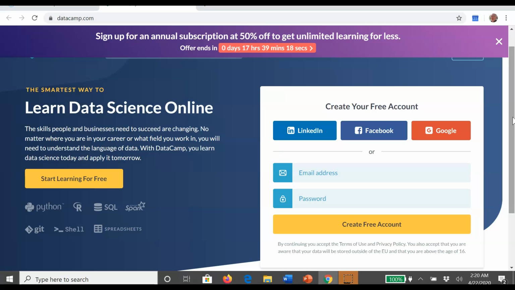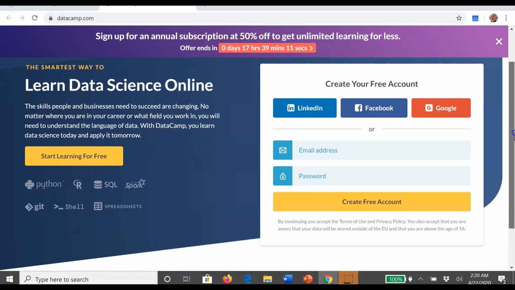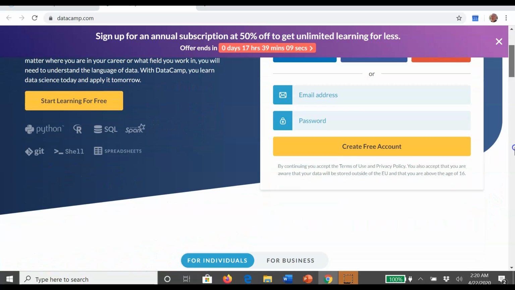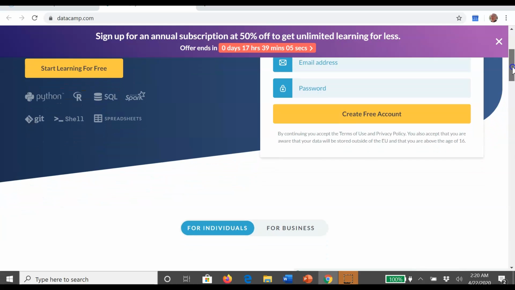Well, if you have time on your hands these days, in the summer or whenever the case may be, and you're interested in data science, you might want to take a look, because here you can learn Python, R, SQL, some other things.